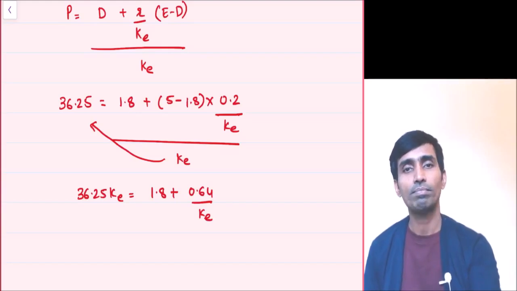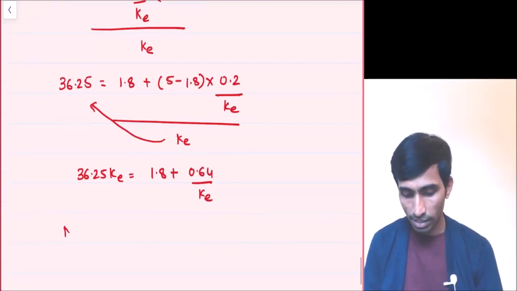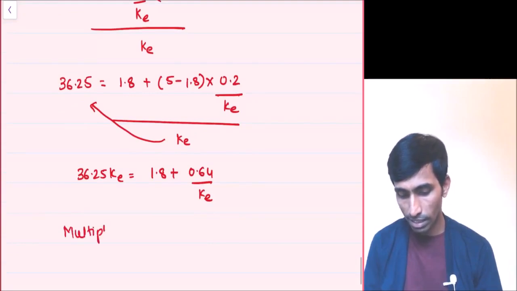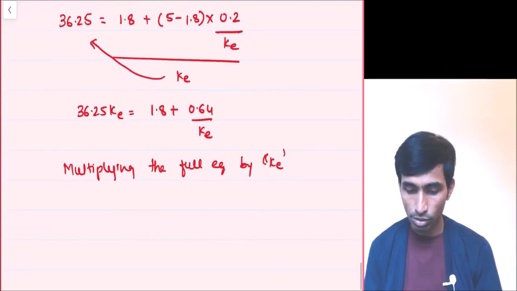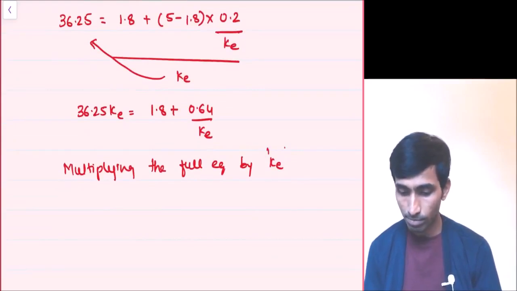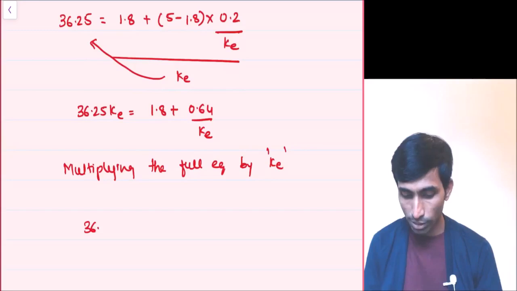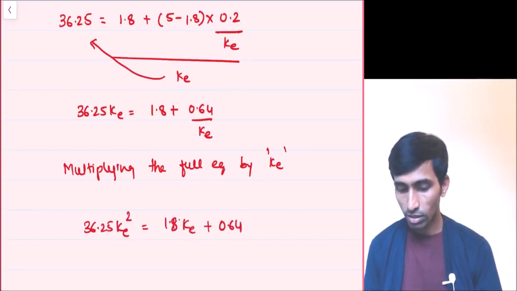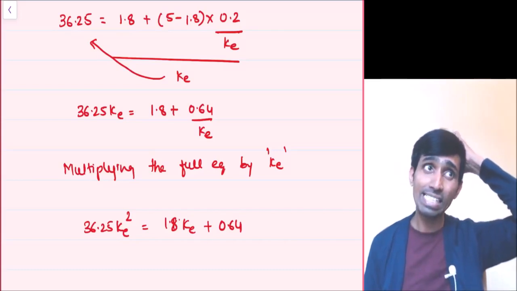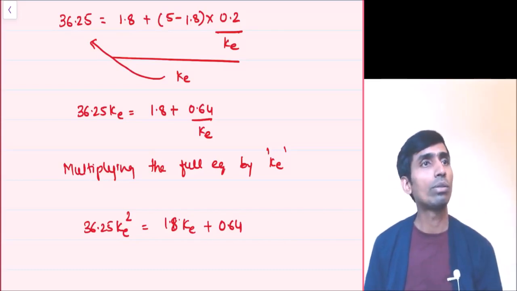Multiplying the full equation by KE, what happens? 36.25 KE multiplied by KE becomes KE square. 1.8 into KE becomes 1.8 KE plus 0.64 upon K into K. K gets cancelled. Understood?